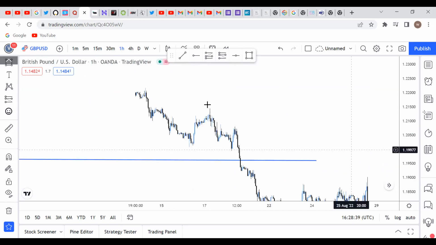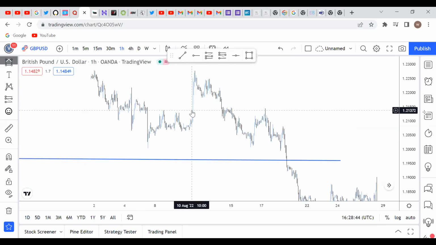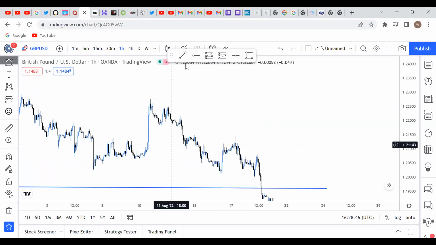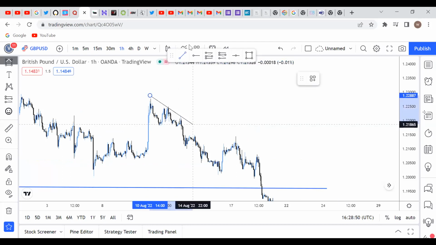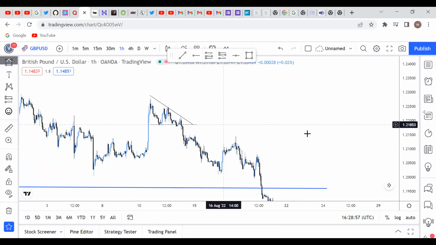These are things you need to see on your charts every day. Guys, do you believe that this is a triangle? It's a descending triangle. So I'll try to explain how a descending triangle comes about.